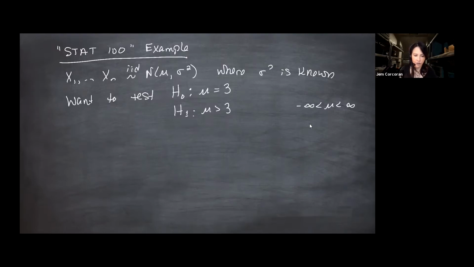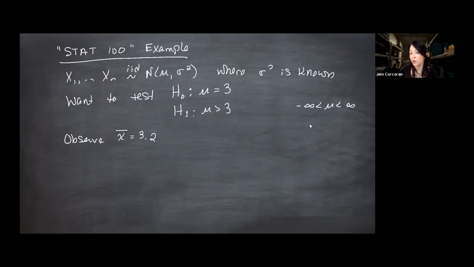Okay, so suppose that we have our sample of size n, and we observe an X bar. I'm going to have an actual value, so I'll make this lowercase, of 3.2. The question is, is that high enough above 3 to go with the alternate hypothesis?